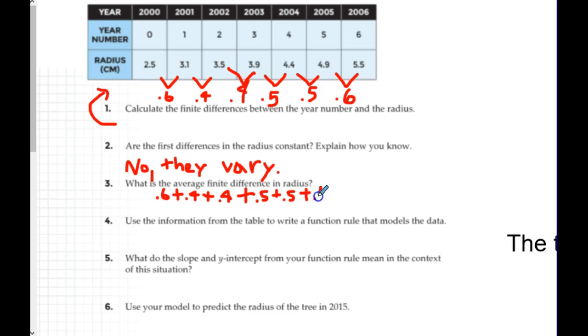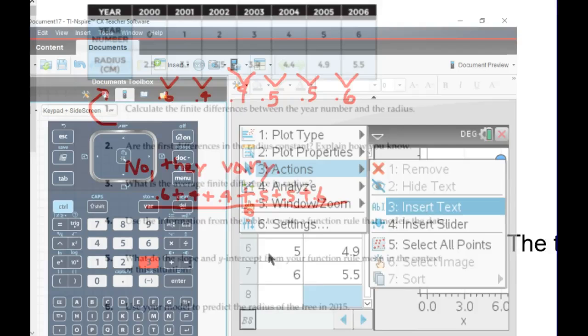Now, not only do I add them up, but then what am I going to divide these all by? All right, what do I divide by? How many numbers are there? And there are 6 numbers, so divide by 6. So, let's do that.